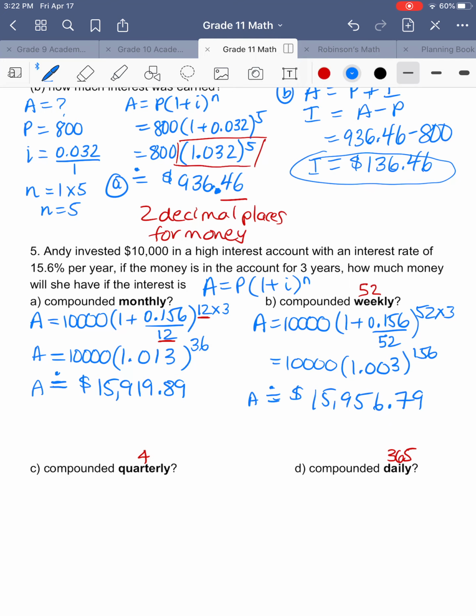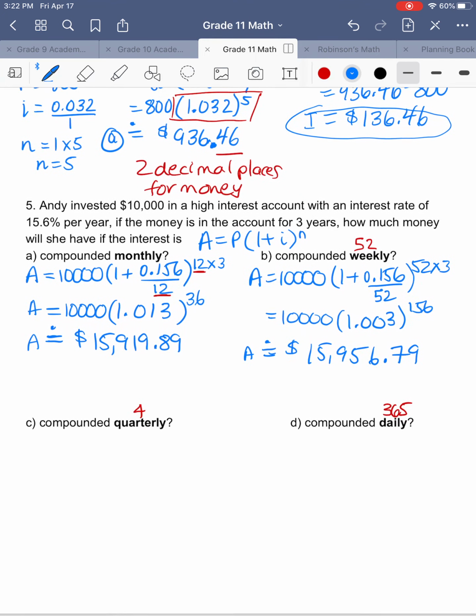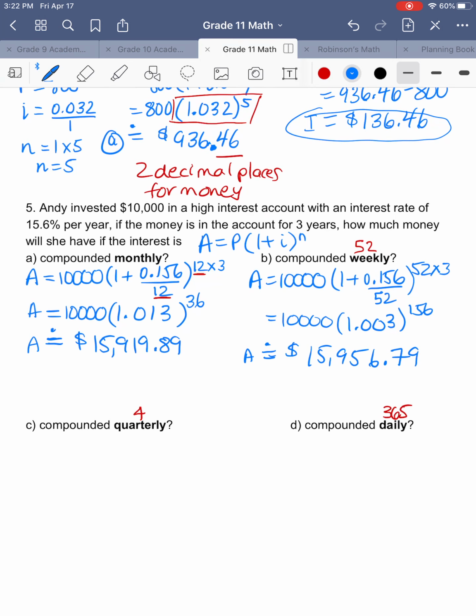So you can see that compounding weekly, the final amount is slightly larger. So let's take a look and see if this trend continues. So now we're going to look at compounding quarterly.